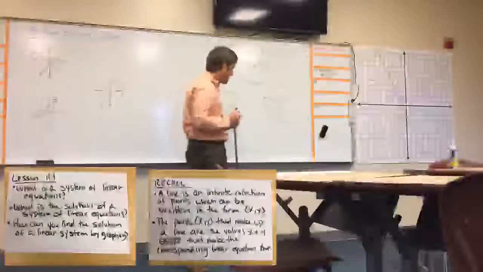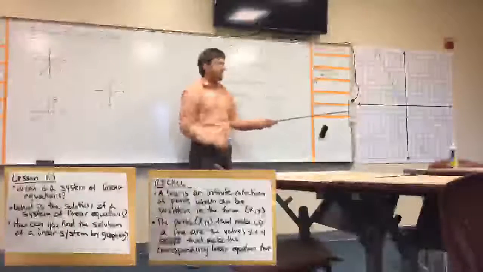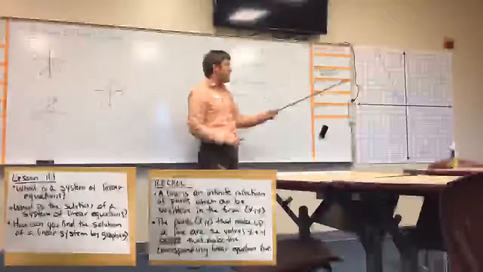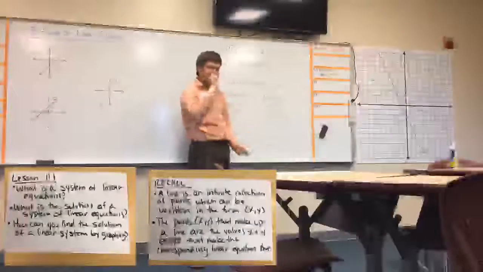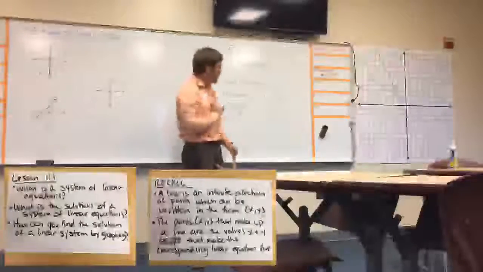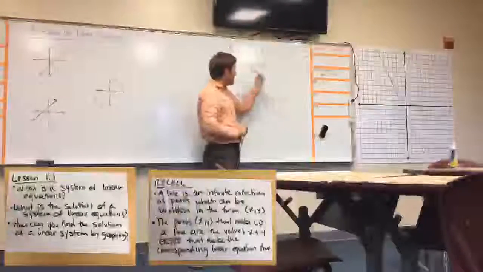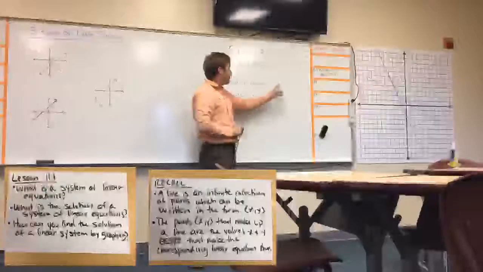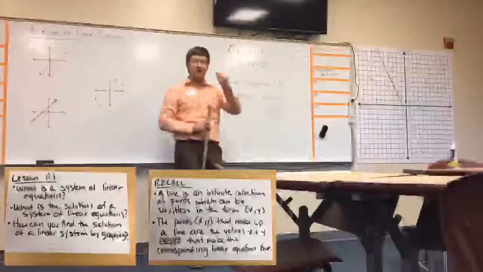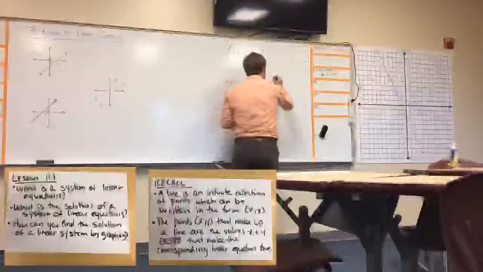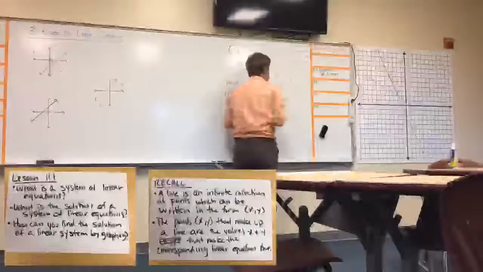Check. So negative 2, 2 works for both. That means I graphed it properly and interpreted my graph well to see where the two lines intersect. I plugged the point back in, and sure enough, it satisfies both equations. So I found the solution to the system: the point negative 2, 2.